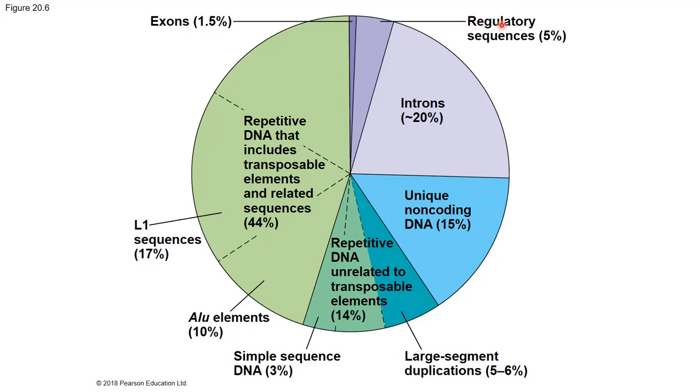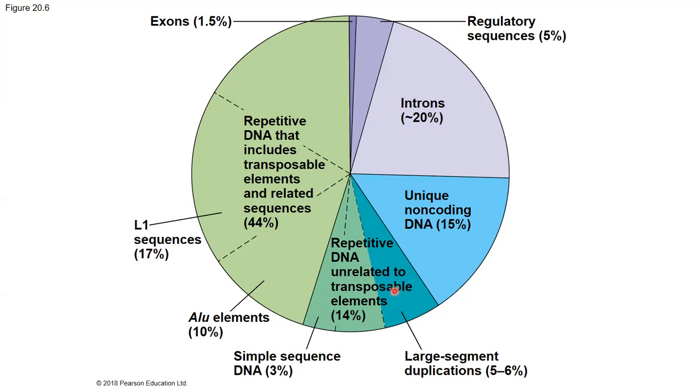The regulatory sequences of genes, like enhancers, promoters, silencers, and many control elements, represent 5%. Introns represent 20%. Now, in general, we also have repetitive sequences.